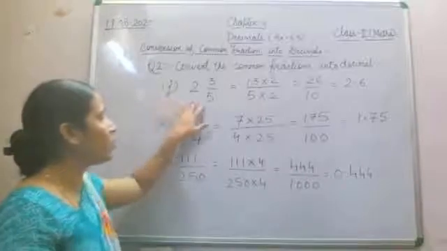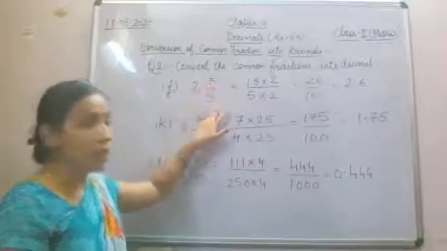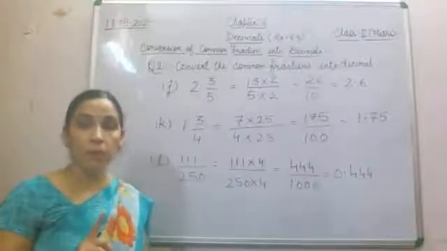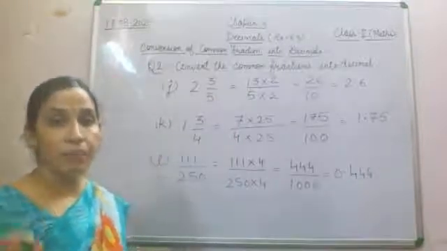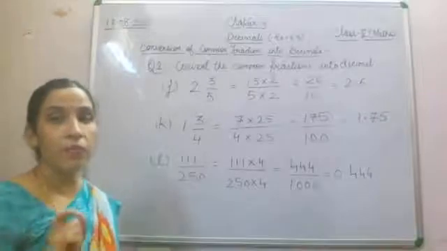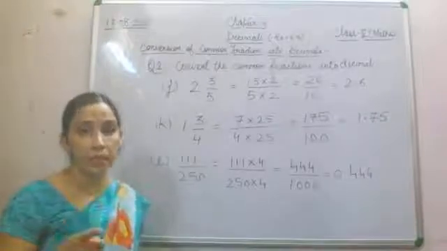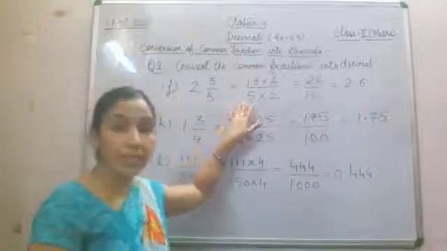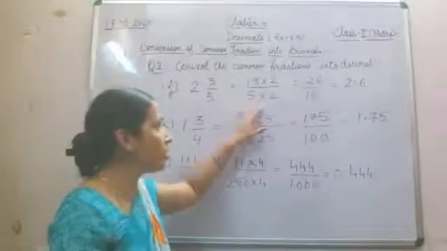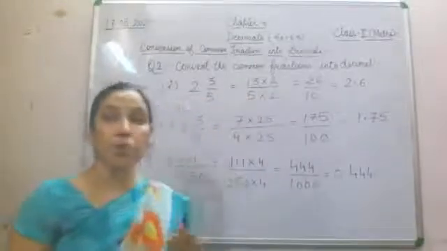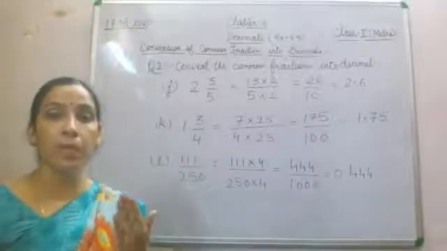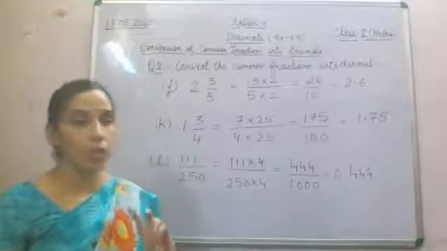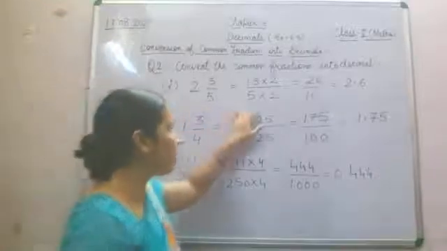You have been given 2 3/5. Now the first step: whenever a mixed fraction is given, multiply the denominator with the quotient and then add the remainder, and convert it into an improper fraction. Now the second step: with this improper fraction, you have to find out by which number the denominator will be multiplied so that you get 10, 100 or 1000 in the denominator. So here we can see 5.